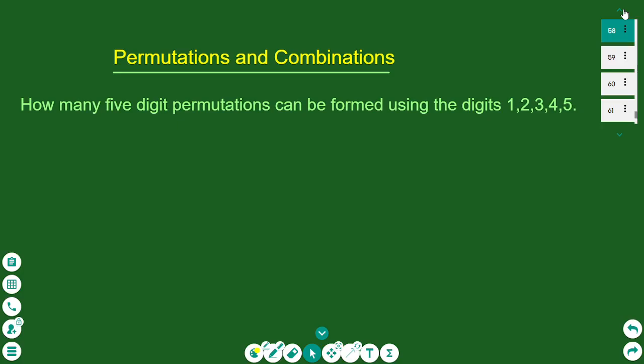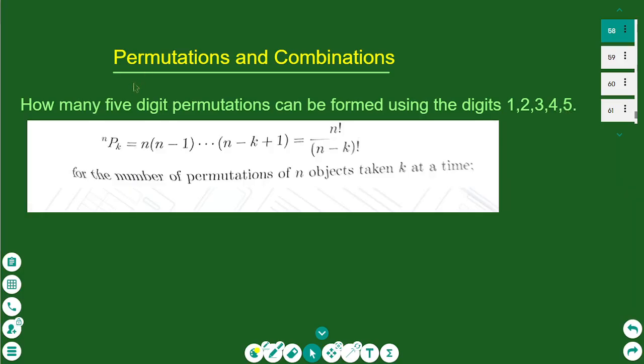The first exercise is permutations. How many 5-digit permutations can be formed using the digits 1, 2, 3, 4, and 5? Under permutations, the order of the digits is important.